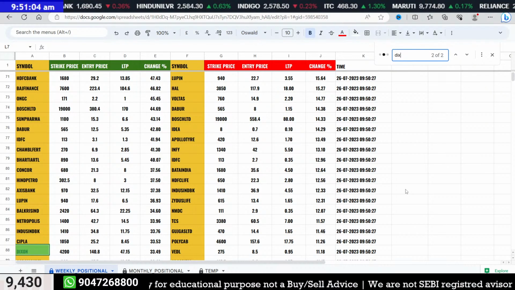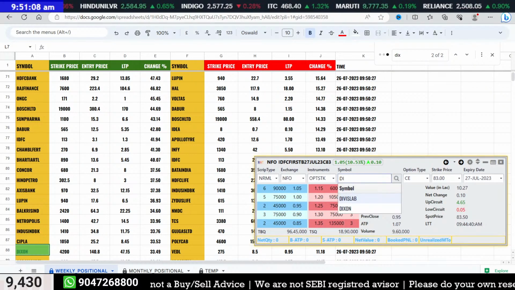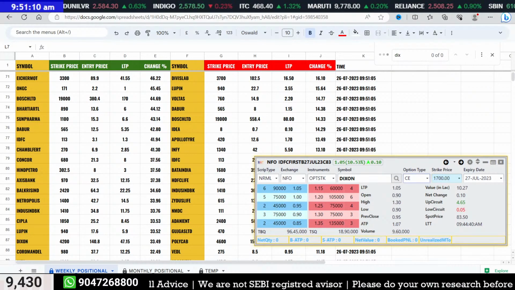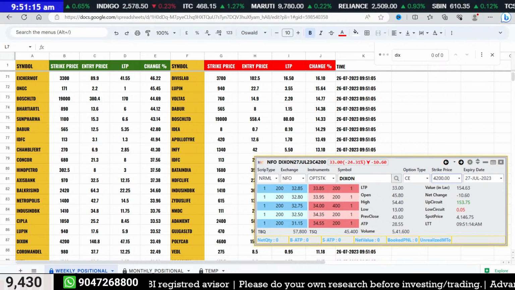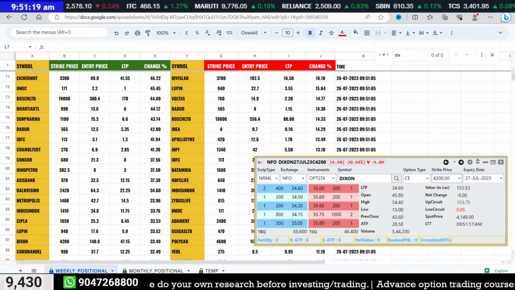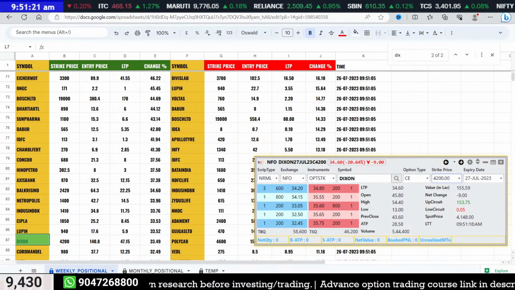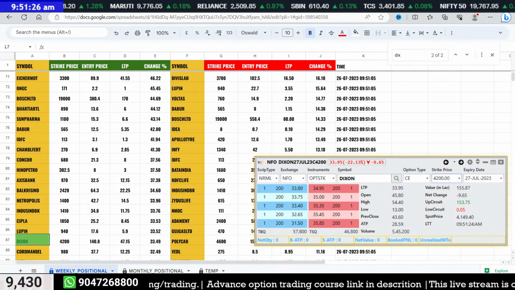Dixon 4200, maybe it was not active. Let me check that Dixon. 32.33, but our entry point is so far higher for 4200. But the current market price is 4146. Maybe it's an OTM option, that's the reason. And initially down, so that's the reason it never gives you the opportunity.